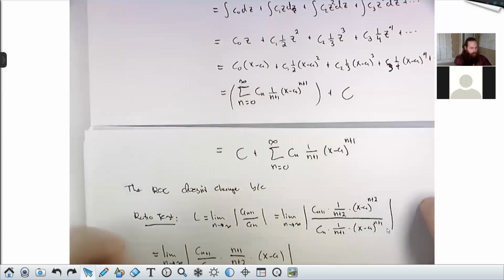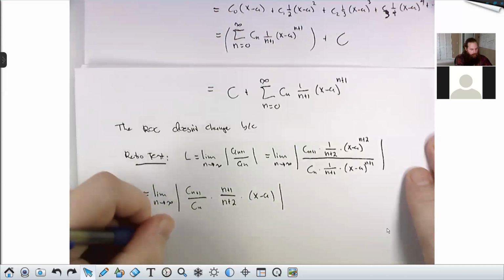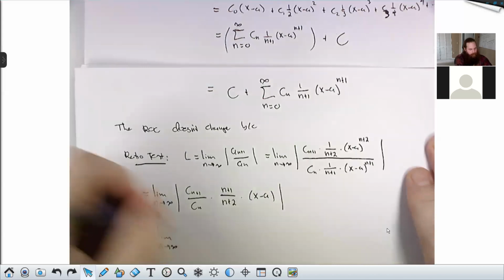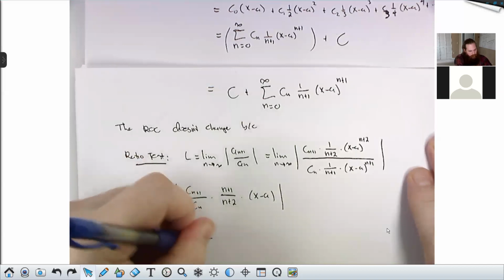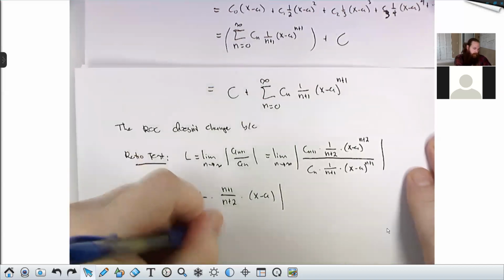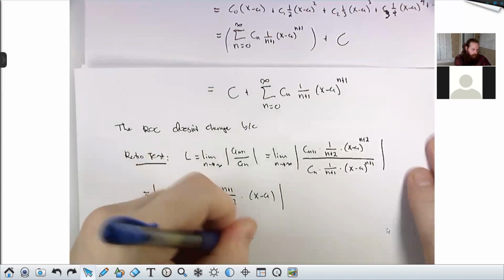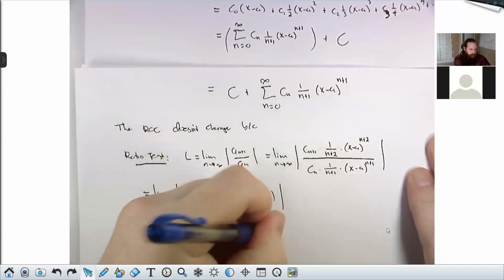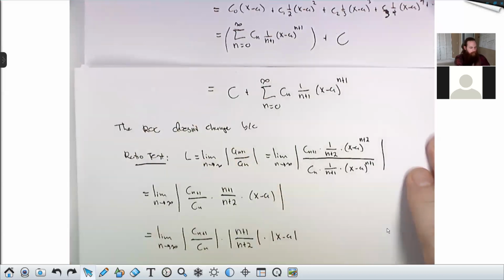which is equal to the limit as n goes to infinity of absolute Cn plus 1 over Cn times absolute n plus 1 over n plus 2 times absolute x minus a. This x minus a can come out front of the limit.